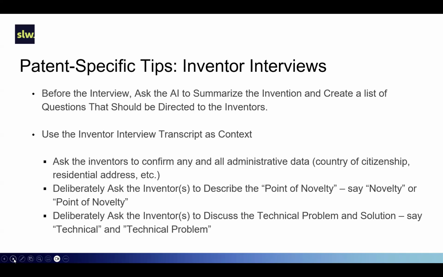And prior to AI, I always wanted to have an audio recording of the discussion that I had with the inventor. Now I don't care so much about the audio recording, but what I really want is that text-based transcript, because when I'm drafting a patent application, I'll upload that transcript and use that as context in the context window.